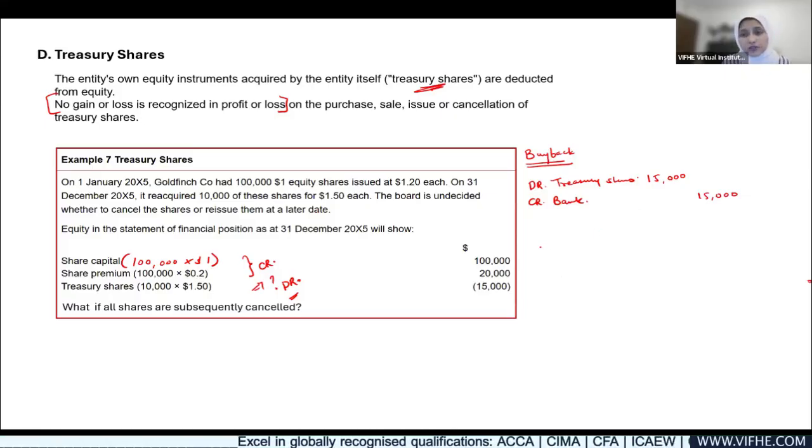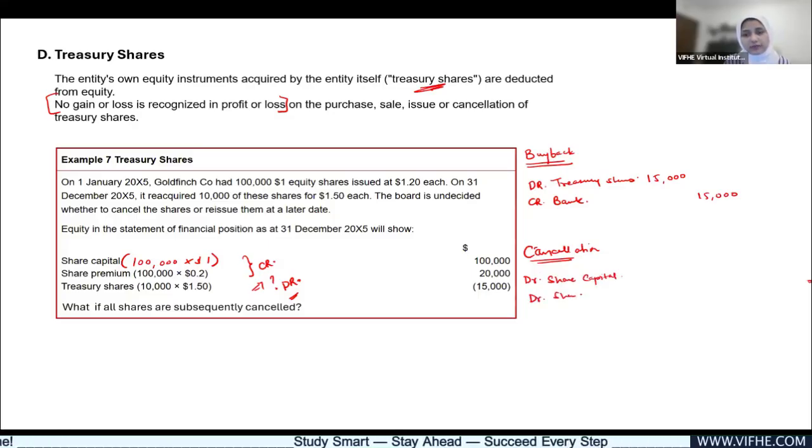So when I am going to do the cancellation, what is my journal entry going to be? If I'm going to cancel something from share capital and share premium, the nature is credit. But if I'm going to cancel them, which side will share capital and share premium come on? Debit side. This should be clear as a concept: if I'm cancelling something from share capital and share premium, it has to come on the debit side directly, not via another account.